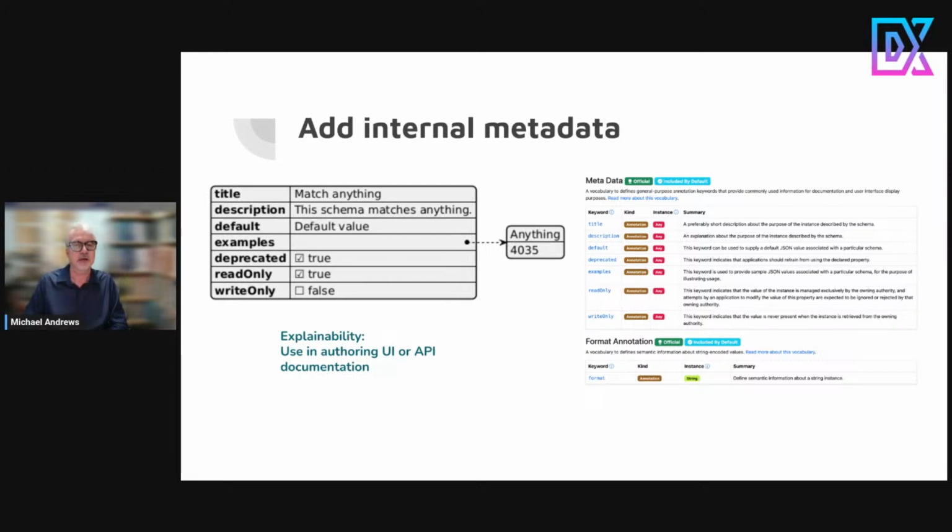JSON Schema has tools that allow you to pull this stuff out very easily. And so, for example, if you have some people in your organization who do command line work with your content, maybe doing batch work, and they need to understand, am I pulling in the right field here? How's this supposed to be used? This can help them discover that and be able to use things correctly.